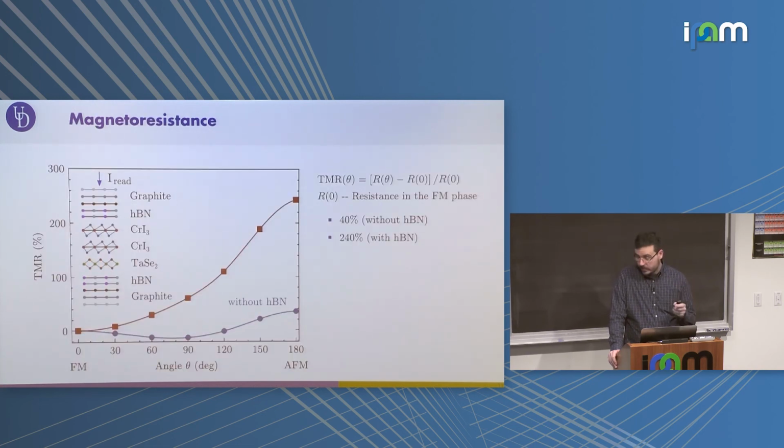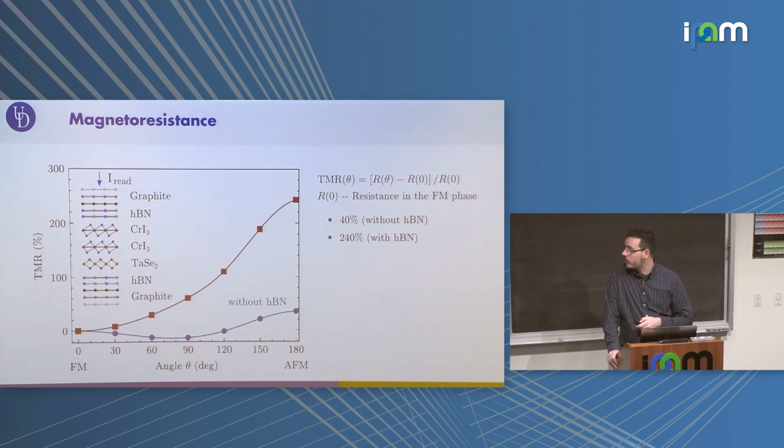And the last thing is we sandwiched our system with two graphite electrodes, and we put bilayers of hexagonal boron nitride on top and bottom, and then we shoot the current in the normal direction, and we computed what would be the tunneling magnetoresistance in this device.